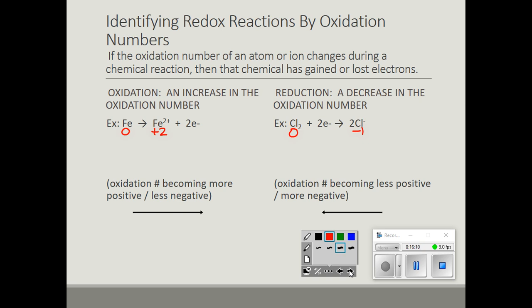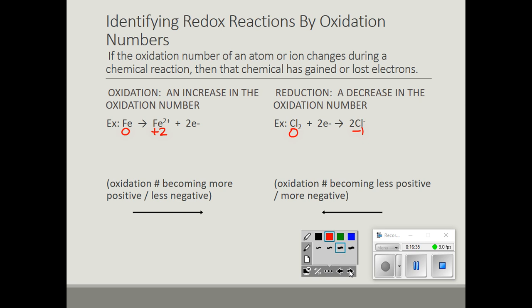The fact that there are 2 of them is fantastic. But whenever we ask for oxidation numbers, we mean for each atom or for each ion. So the oxidation number gets more positive or less negative when it's oxidation, less positive or more negative when it's reduction. You can tell just by that, and you could identify, say, the oxidizing or the reducing agent.